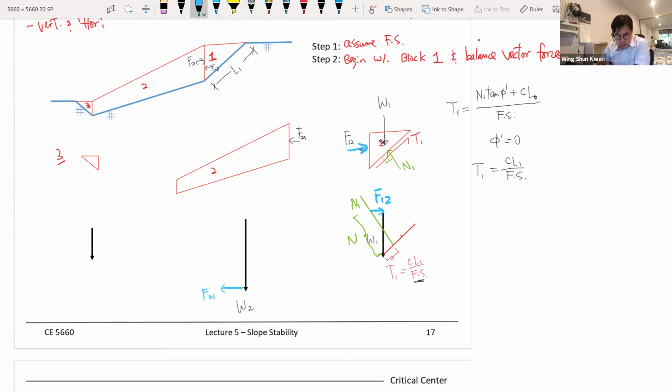And the next thing you can do is again T2, because T2 is in this direction. As long as you know the cohesion and the length of the bottom of the slide, then you can find it, of course with a consistent factor of safety.